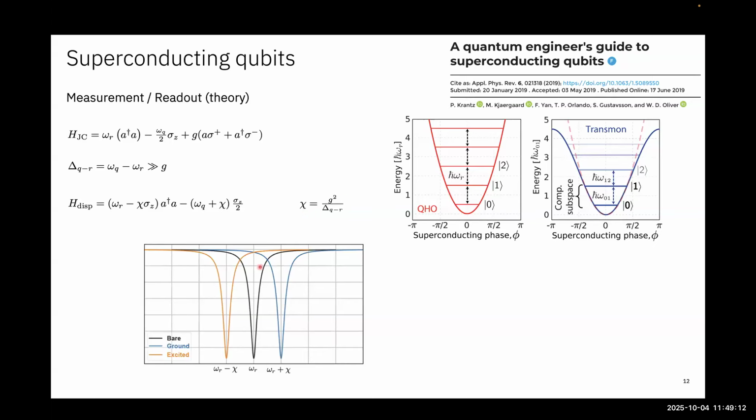To be specific, let's say you have a quantum harmonic oscillator, or a cavity or resonator to be precise. When it's not coupled to anything, this is the kind of response you get, which says you are on resonance with the resonator at omega r. But when the qubit is at the ground state, the resonator frequency changes to omega r plus chi. When it's at the excited state, it moves in the opposite direction to omega r minus chi.